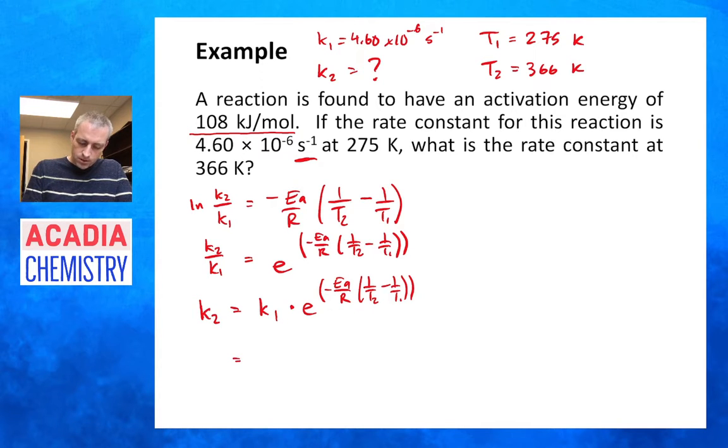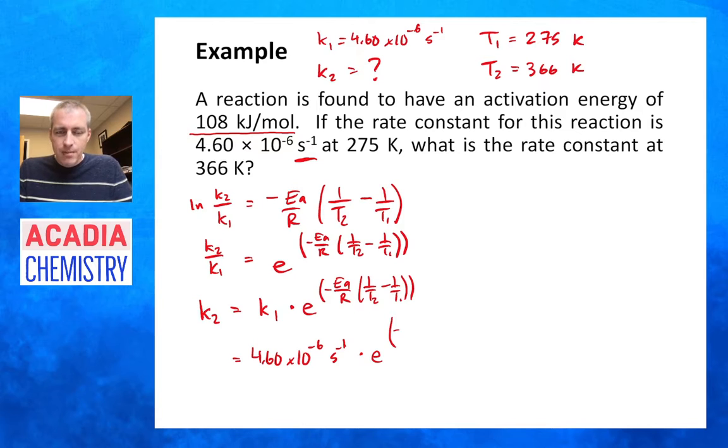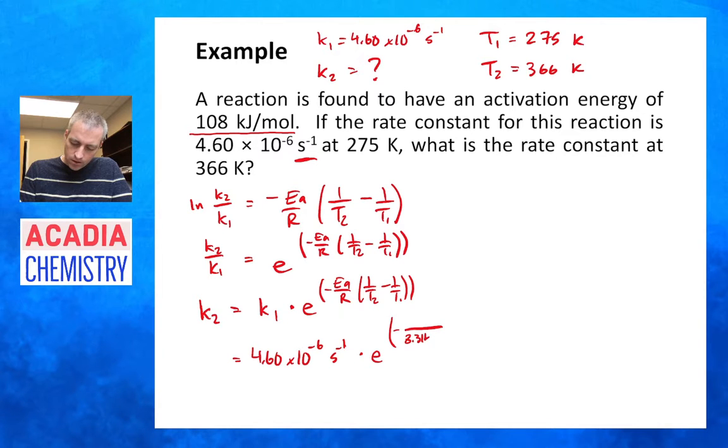That equals 4.60 times 10 to the minus 6 seconds to the minus 1 times e. Now, our units for EA have to match with our units for R, and because R is 8.314 joules per mole K, we need our EA to also be in joules, but it's in kilojoules here, so we just multiply by 1000 to get joules per mole.